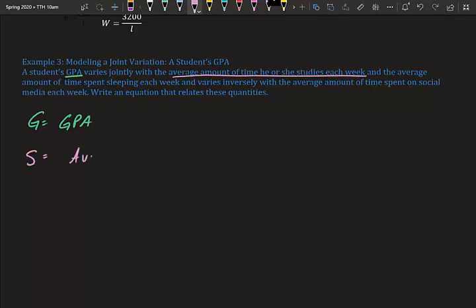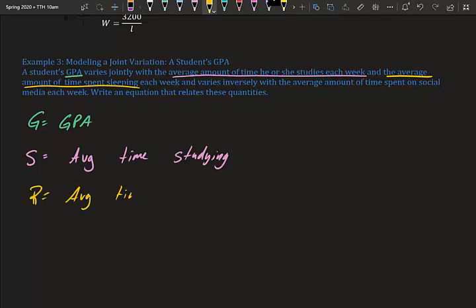That's average time studying. And then it says the average amount of time spent sleeping, so I made that R. And it varies inversely with the amount of time spent on social media. So that's our next variable, and we'll say F.